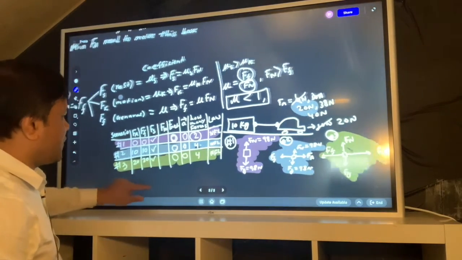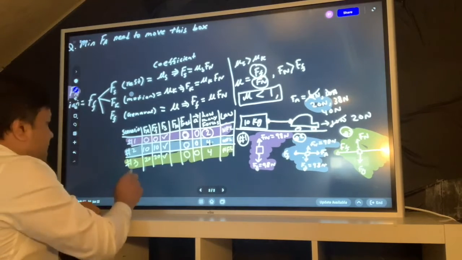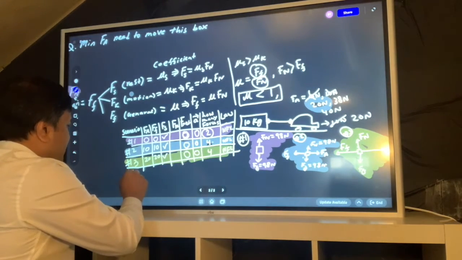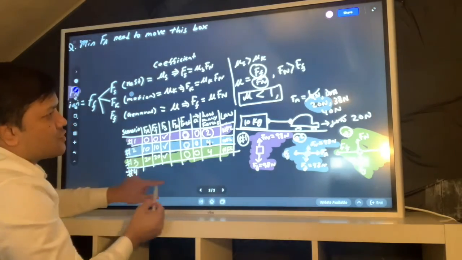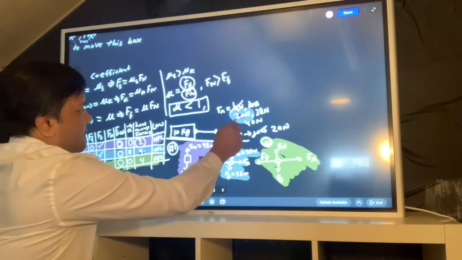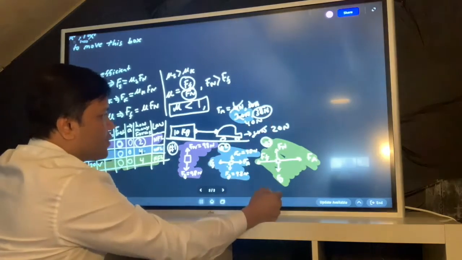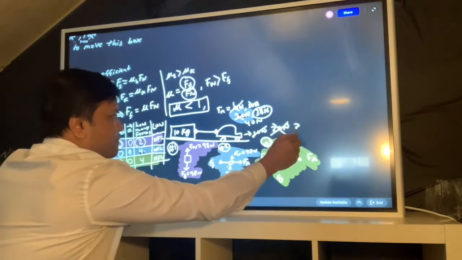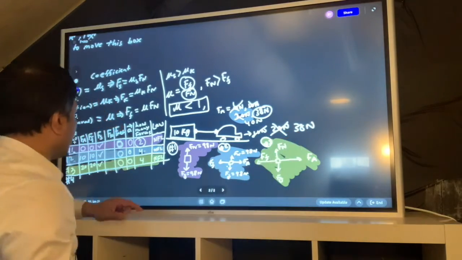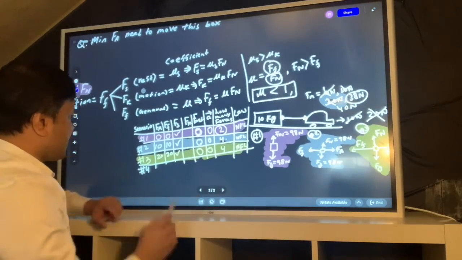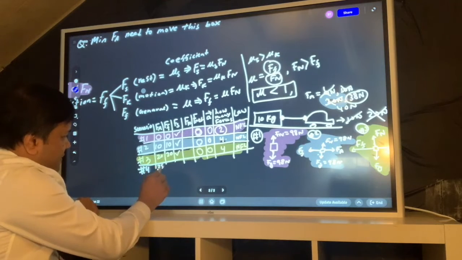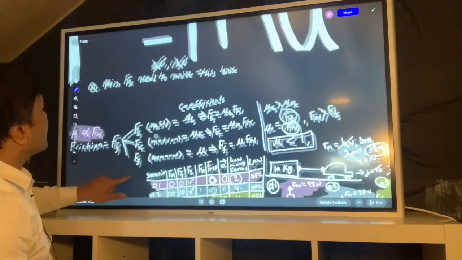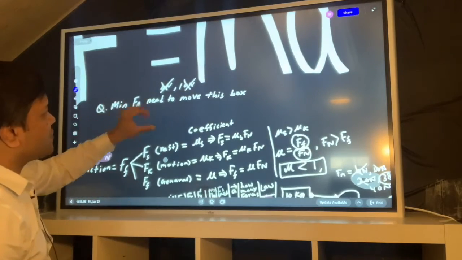So scenario 4. Mr. Body is forced to go to scenario 4 because he badly wants to move this car. So now instead of 20, he is pushing with 38 Newton. It's kind of a trial and error. The question we raise here is the minimum applied force needed to move this box.